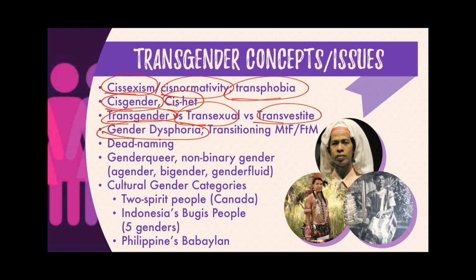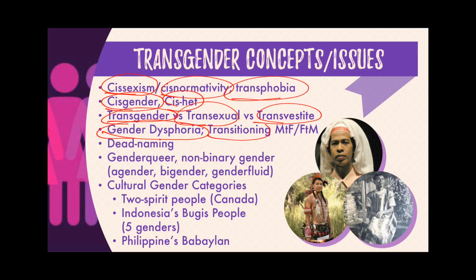So another term that you might come across when we're talking about trans issues is the term transitioning. Transitioning is the process wherein trans individuals try to make their body characteristics aligned with their gender identity. So there are many ways that trans people get to transition.